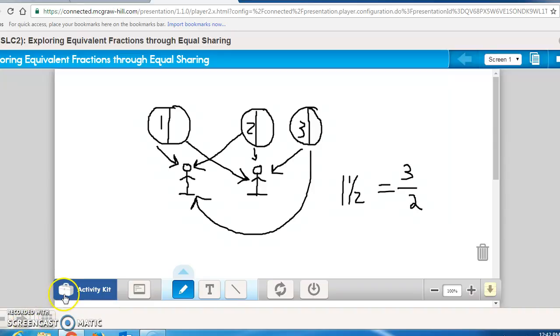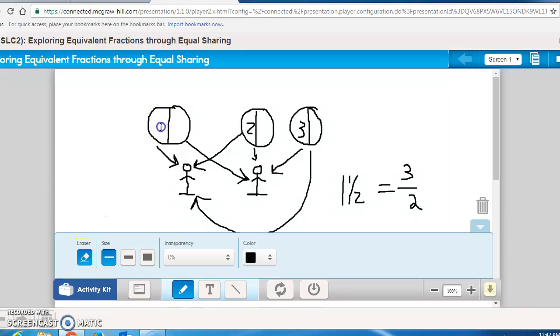Again, if we cut those same pizzas into 4 equal parts, so we don't get confused, let's erase the numbers out of here for now. Notice we still have the 3 original pizzas. The only thing I'm going to do different now is I'm going to cut each one into 4 equal parts. That means in order for each brother to get a half, they would get 2 of the parts apiece.